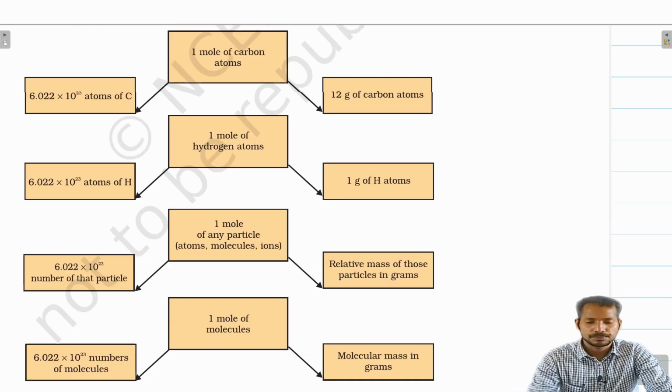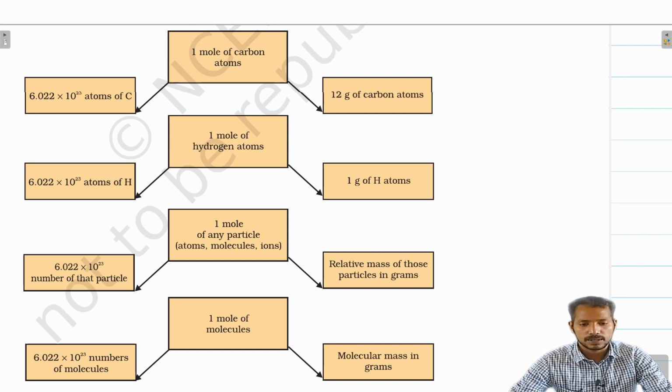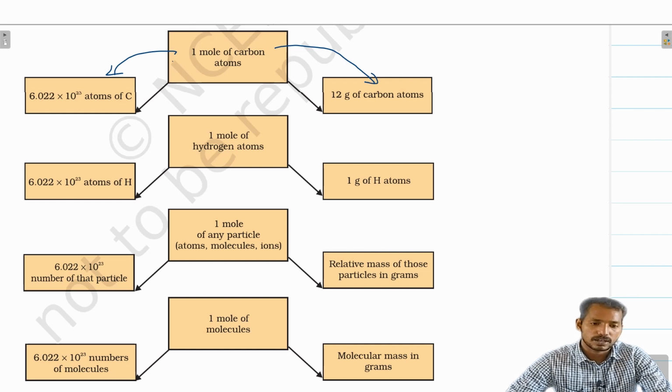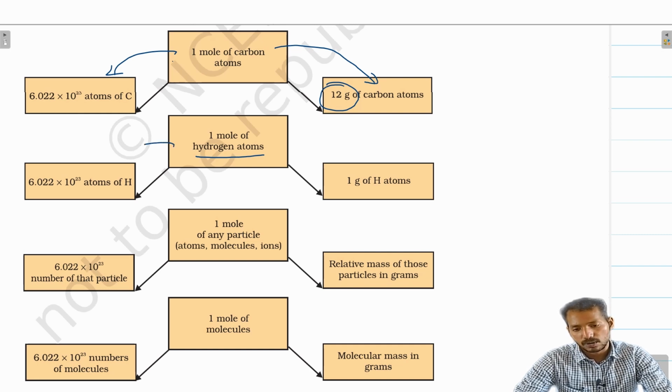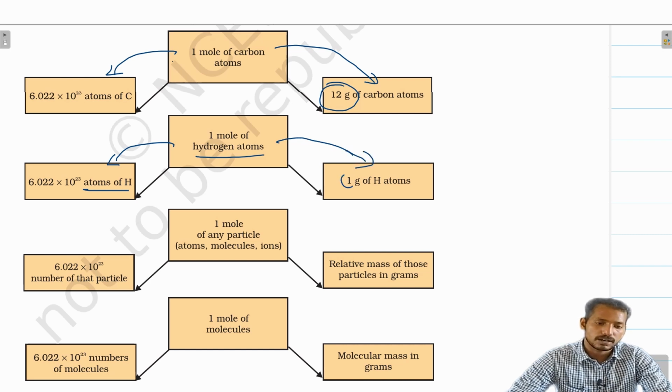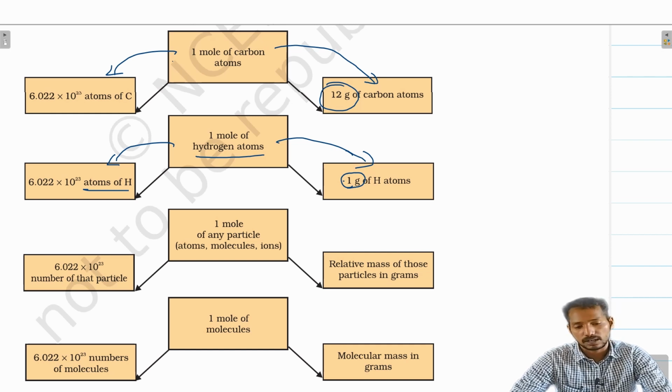Here you can see very clearly that 1 mole of carbon atoms is equal to 6.02 into 10 raised to 23 atoms of carbon, and that is equal to 12 gram of carbon, which is the molar mass of carbon atoms. Similarly, 1 mole of hydrogen atoms is 6.02 into 10 raised to 23 atoms of hydrogen, and that is equal to 1 gram of hydrogen, the molar mass, while 1 U is the atomic mass.